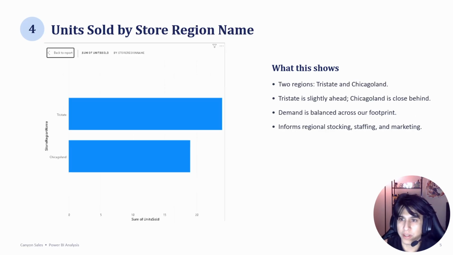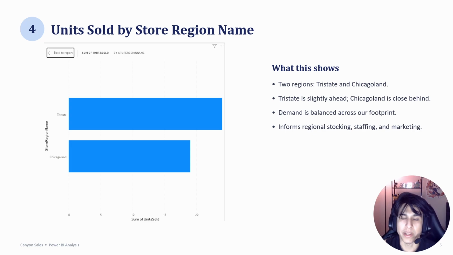The next graph here displays products and time to geography. This chart shows units sold by region name and how we operate across two regions. We have the Tri-State and Chicagoland. Our Tri-State came in with the higher unit volume, and Chicagoland followed closely behind. But what really stands out is how balanced these two regions are.